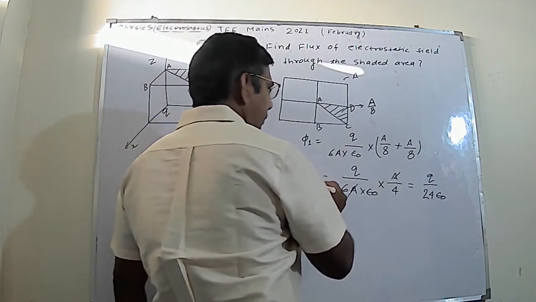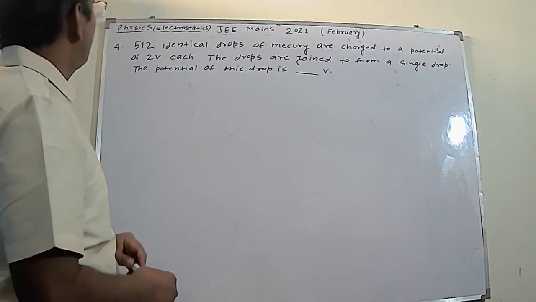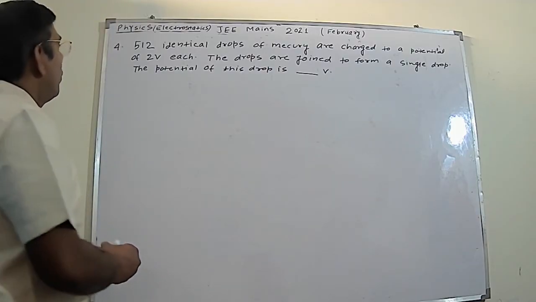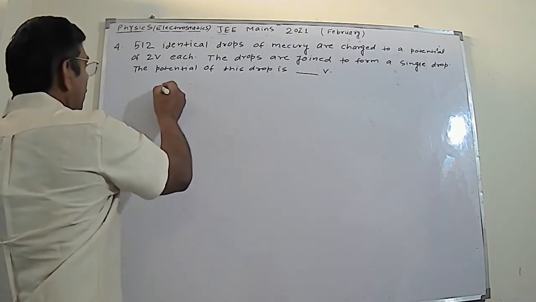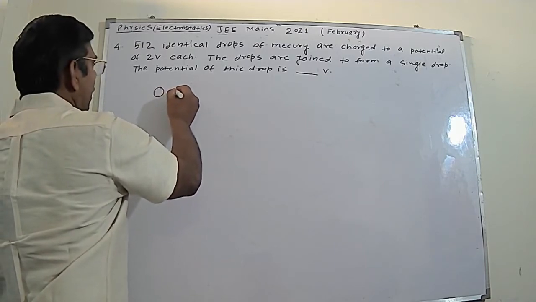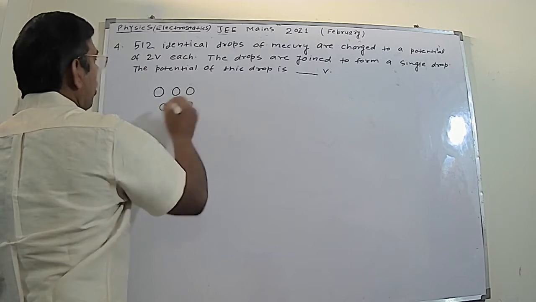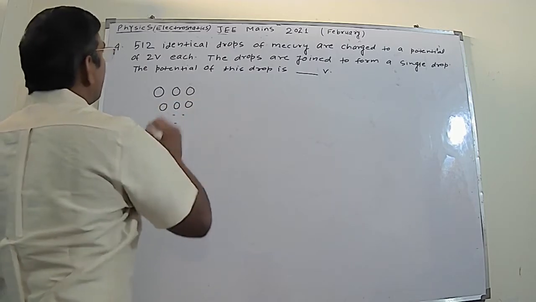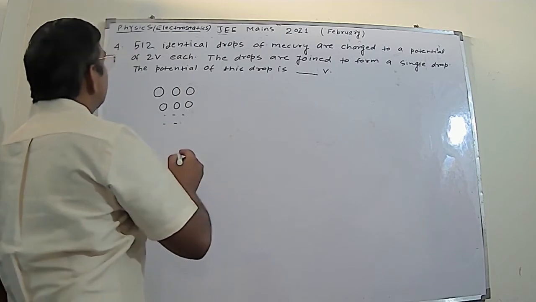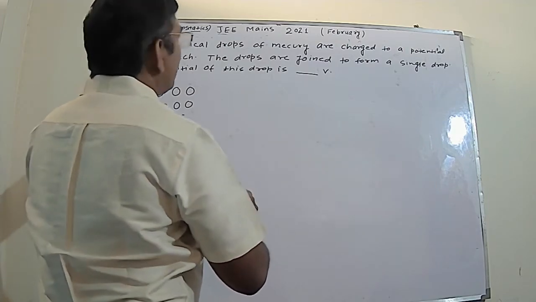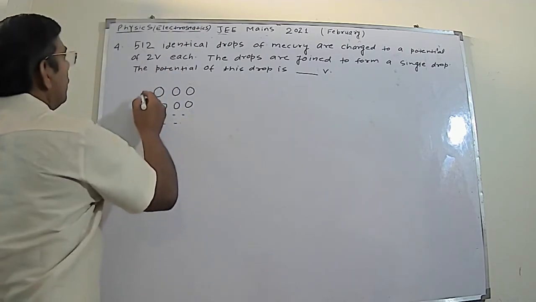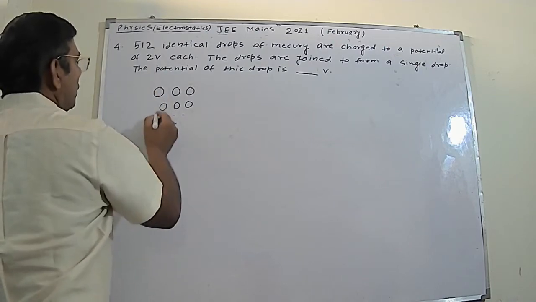Phi 1 will be Q by 24 epsilon naught. Now suppose here we are having small identical drops, potential of 2 volt each. These drops are having potential of V, 2 volt, right?